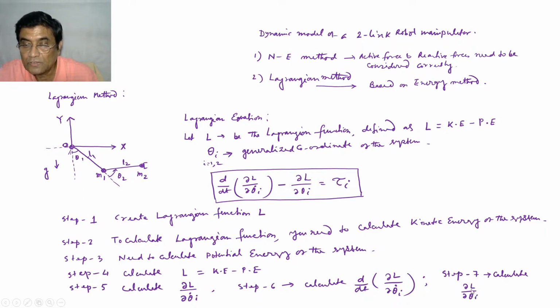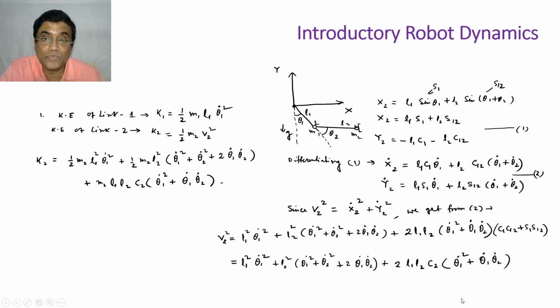And also you differentiate the Lagrangian function L with respect to the generalized coordinate. And as you will see, this corresponds to the energy created by the system kinetic energy and the system potential energy. So step by step we are progressing, and we have made the first kinematic relation.